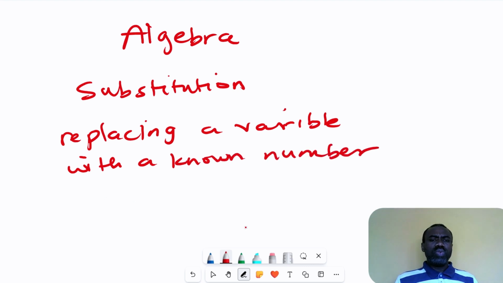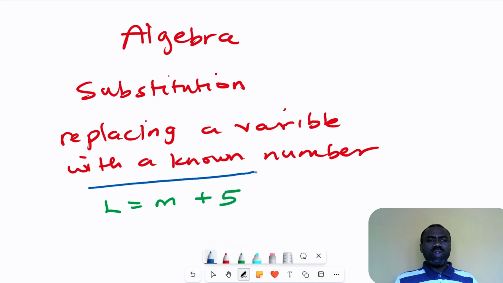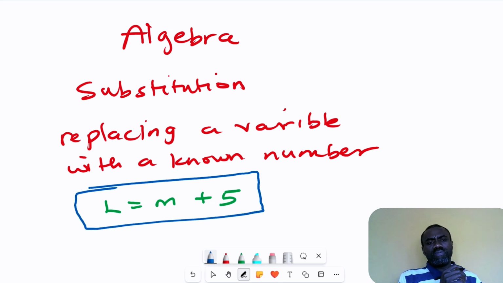Okay, so you can have a very simple expression. L is equal to m plus 5. You see this expression, it leaves a lot for us to find out.